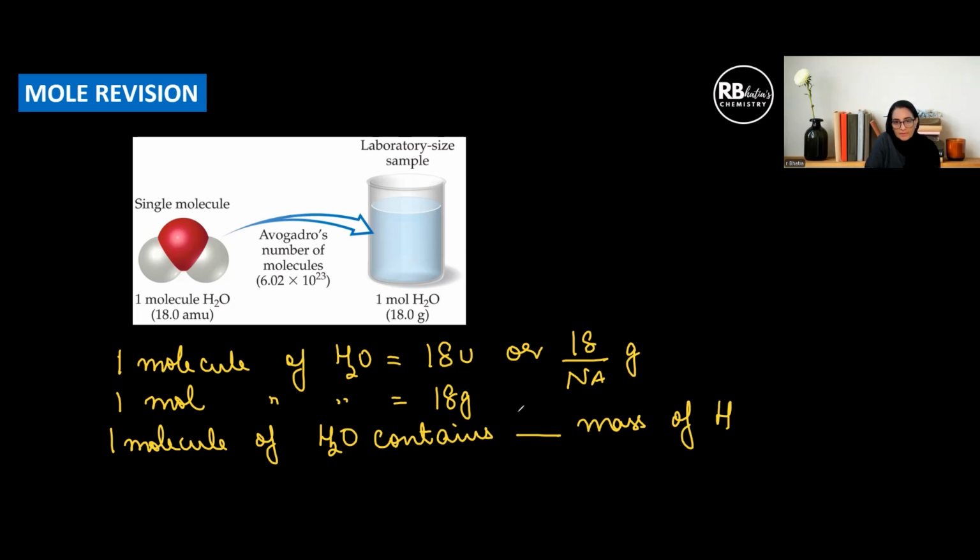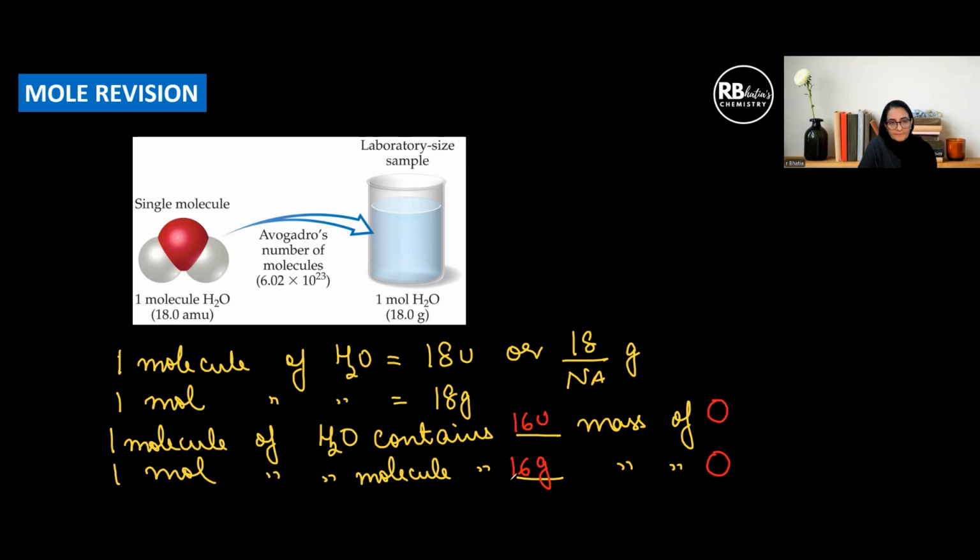You will say 2 U. But if my question to you is, 1 mole of water molecules contains dash mass of hydrogen, obviously now you're going to say 2 gram, right? Similarly, if instead of hydrogen I had asked you about oxygen, what would you say? Here you would say 16 U, and here you would say 16 gram. Clear?